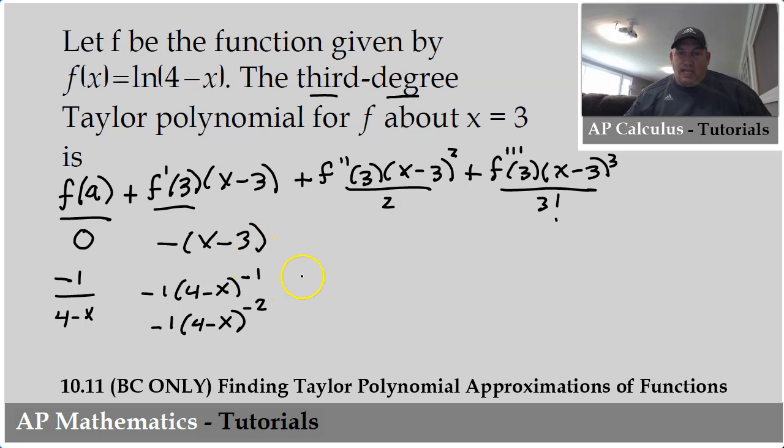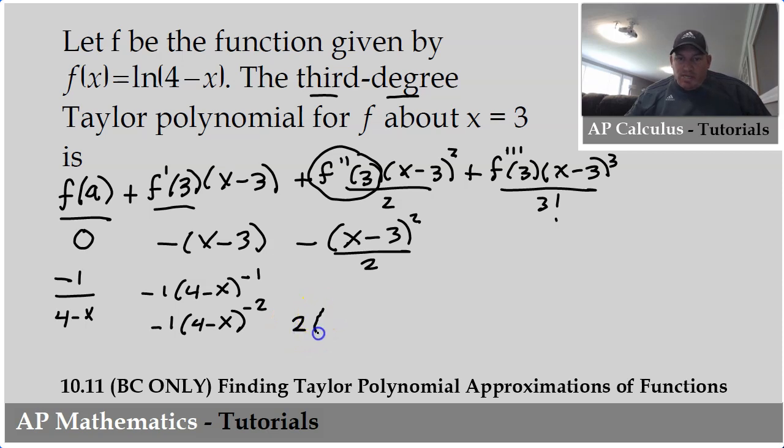So I get a negative 1 for the second derivative. So for this piece right here, I just found it to be a negative 1 again. So I have a negative x minus 3 squared over 2.